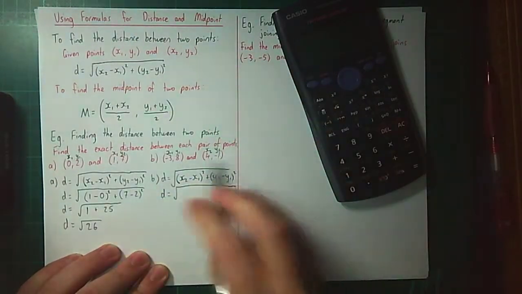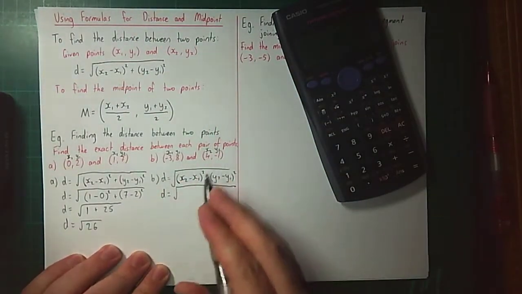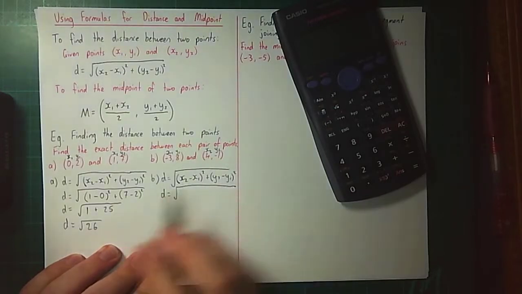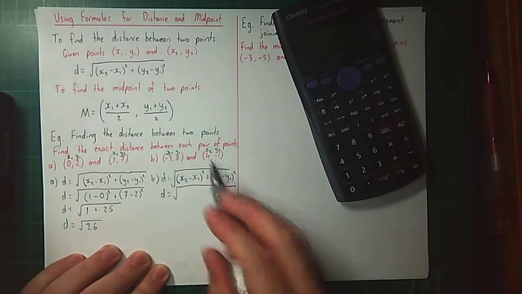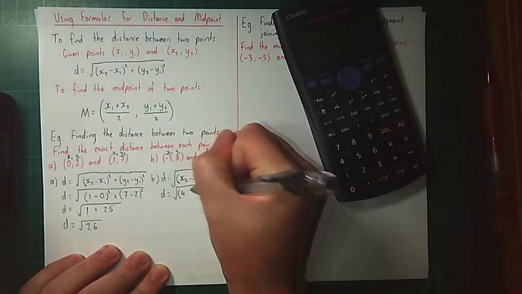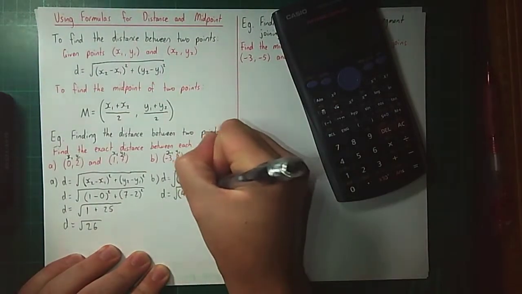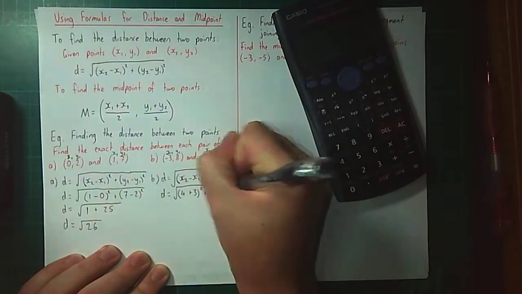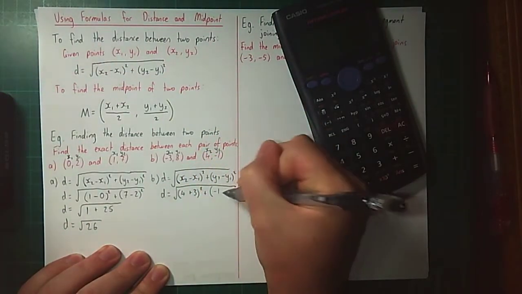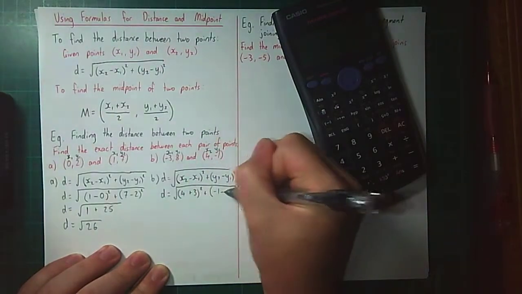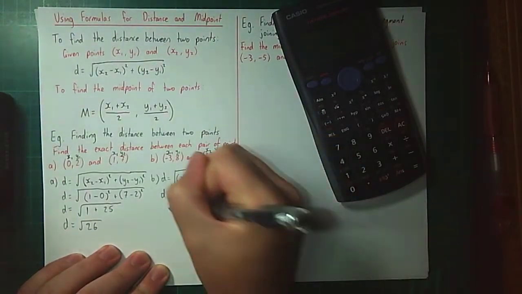You could have labelled it the other way around. It won't matter. This formula allows for either allocation, just as long as you identify your first and second point. Our x2 is 4 minus negative 3, which is going to be plus 3 squared, plus we've got y2 is negative 1 minus 8 all squared.